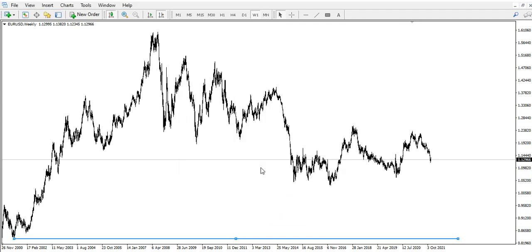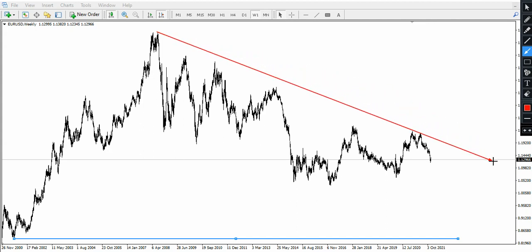Just not to worry about the color. So this is the low where price can come to on Euro USD. This is a weekly time frame. All right, as you can see, we are going down. Euro USD is so bearish.